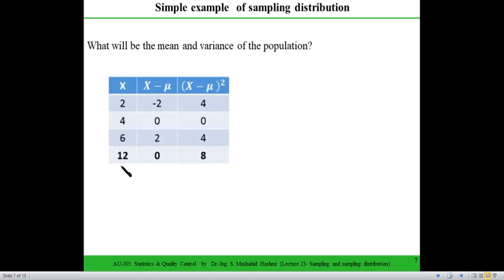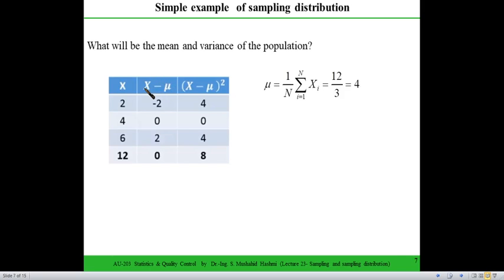The sum of the x is 12, and 12 divided by 3 is 4. So 4 becomes the mean of the population. Since it's a very small population, you can easily estimate the mean by taking the sum of all the observations and dividing by the population size. Here the population size is 3, so the population mean is 4.